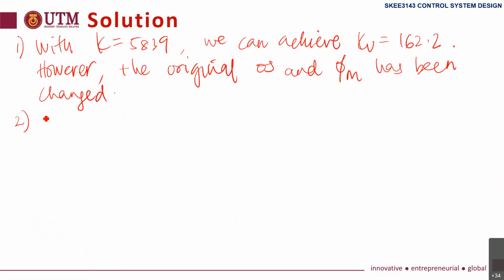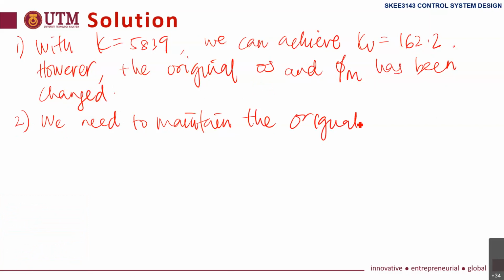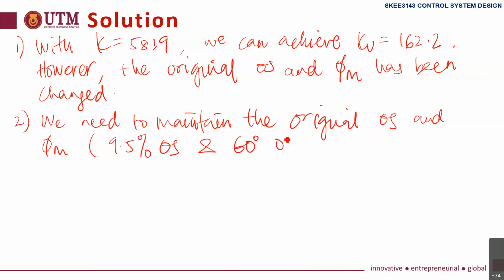We need to maintain the original overshoot and phase margin, which is 9.5% overshoot and 60 degrees phase margin.